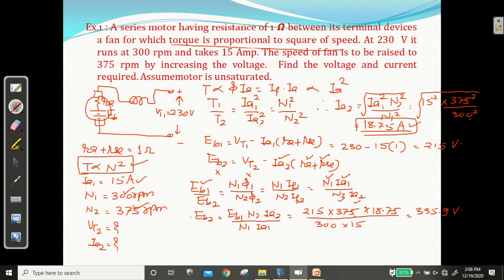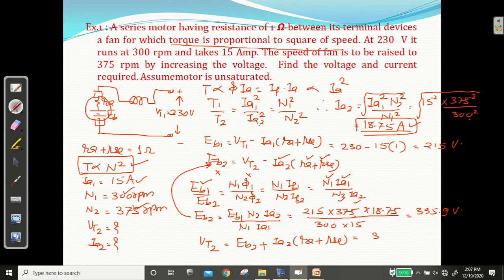Now we will use this EB2 and put it in this formula. So VT equals EB2 plus IA2 into RA plus RSC.